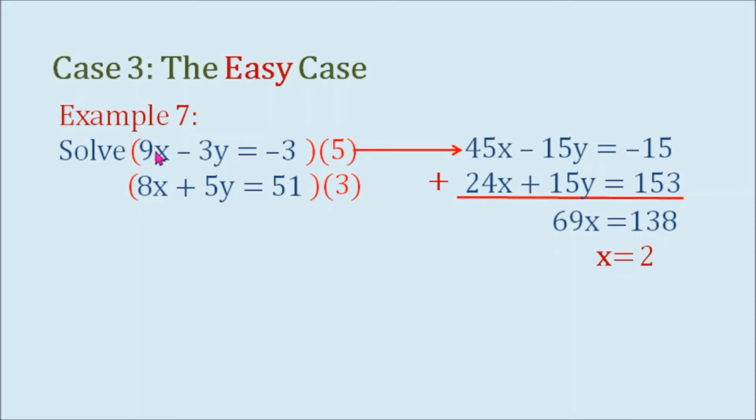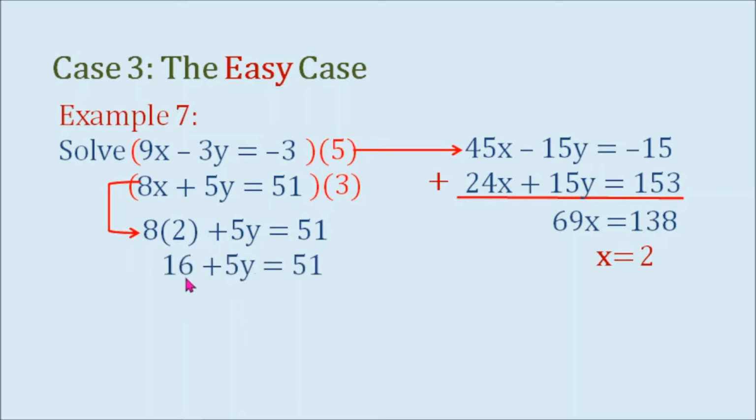Now we can solve for y using either equation. Using the second equation, we are going to substitute x with 2. So that is 8 times 2 plus 5y equals 51. So 8 times 2 is 16. So we have 16 plus 5y equals 51.